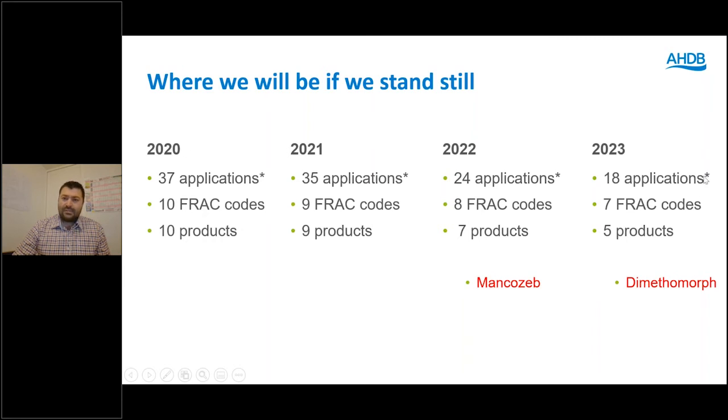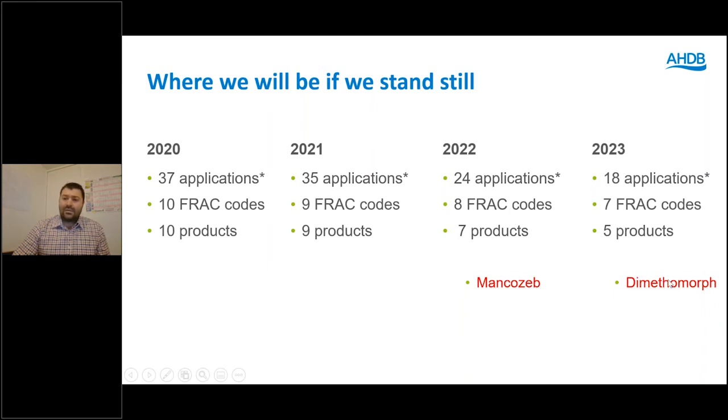And if we look at 2023, where potentially there are question marks over the renewal of Mancozeb, it's been withdrawn in Europe, although we might have it a little bit longer in the UK, and this is where the unknown comes in. We may see GB either following Europe exactly or actually extending it further. But at the moment, I don't want to speculate. I think for the 2021 season, we will certainly have it. The 2022 onwards is uncertain.